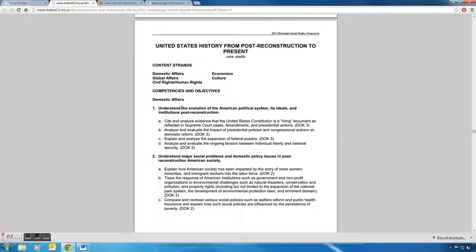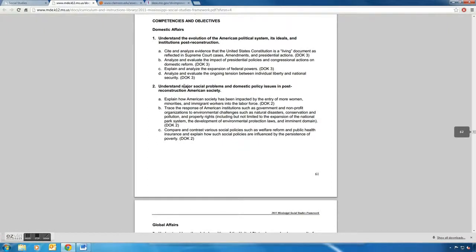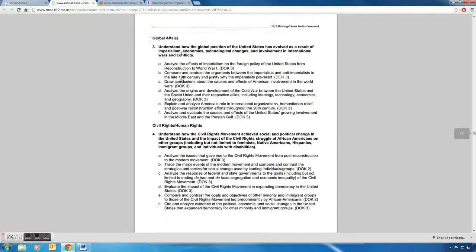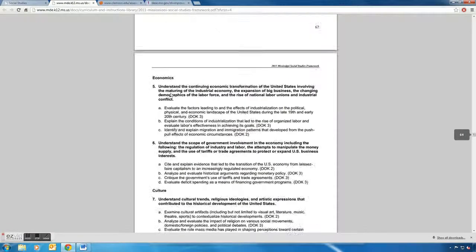Understand the evolution of the American political system? No. Understand major social problems, domestic? Nope. Understand how the global position of the United States? Nope.